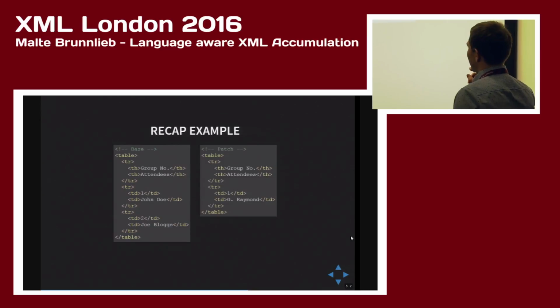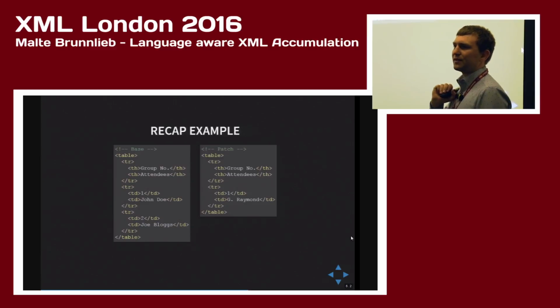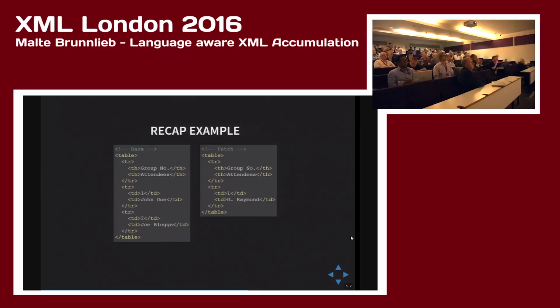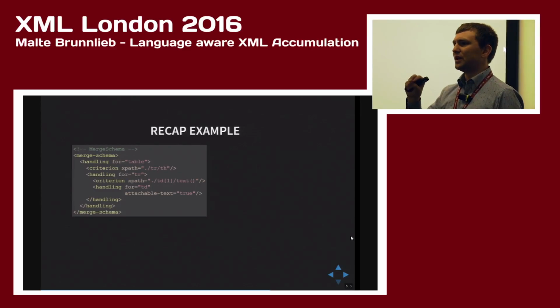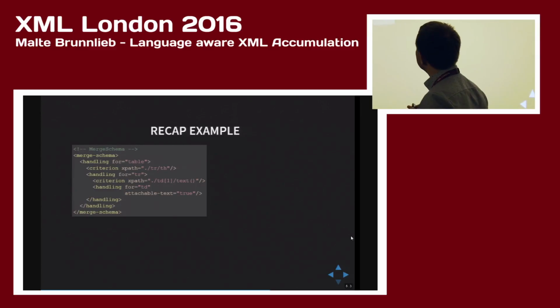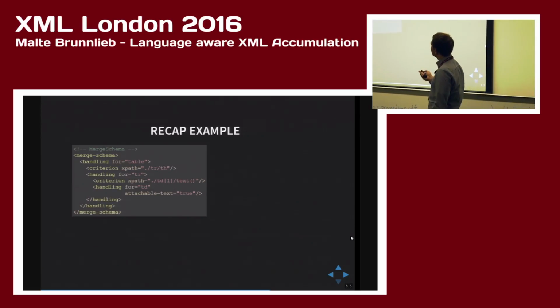Looking at our complex example now for the table, where we had a lot of semantics in it, we want to merge the G Raymond into this row to be added to the first group. And therefore, we can have this merge schema. We can have a handling. So this is the pointer of what we are currently interested in. So for the table, we have an equality notion of the set of headers.